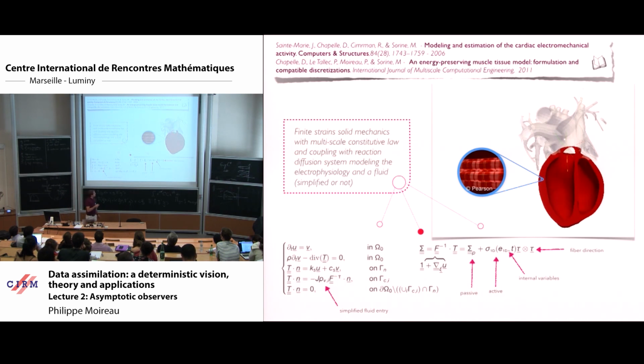So for the solid part, basically the idea is to rely on a nonlinear elasticity formulation. I will not develop the detail of that, where actually we use some multi-scale analysis in order to take into account the fact that the heart is contracting, because the cells have a specific behavior where you have actin and myosin heads which attach themselves.